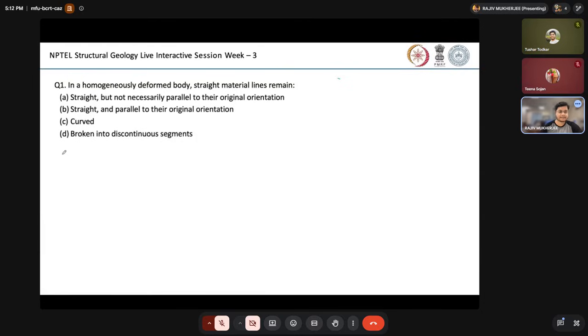so I can say that by definition, homogeneous deformation transforms straight lines into straight lines and planes into planes.